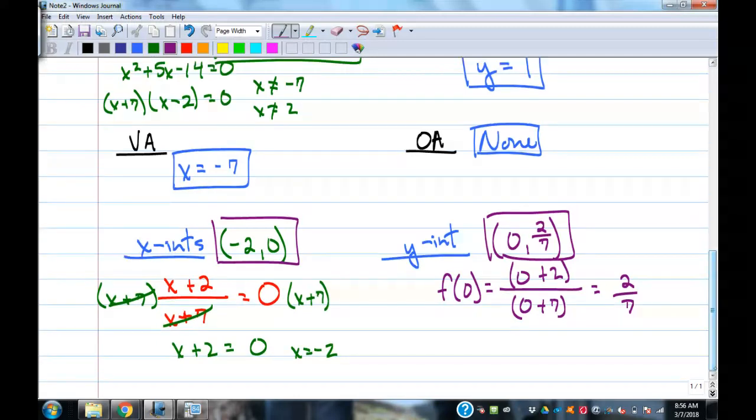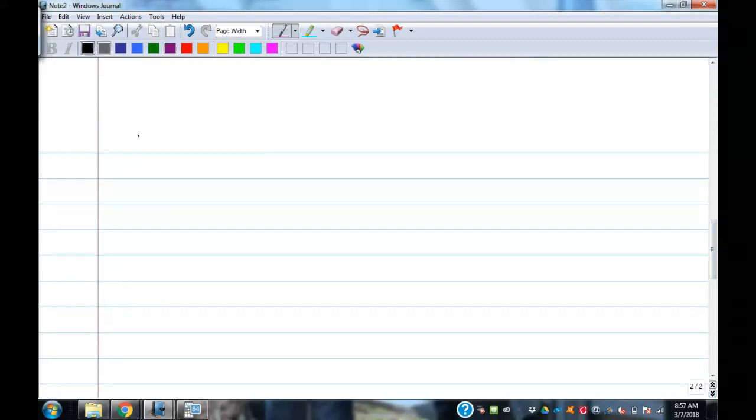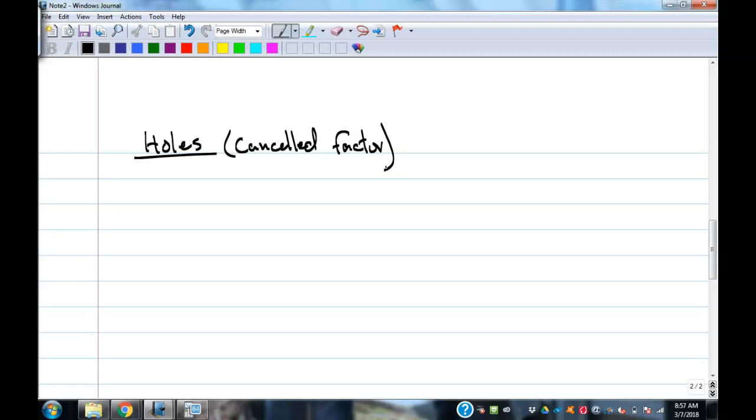But now, last thing we want to look at are holes and if it crosses the horizontal asymptote here. So the hole, we had a canceled factor. Okay, that's what causes that. If you've got a canceled factor, you know there's a hole at the x value for that. We need to find the ordered pair for that. That's what we need to do.